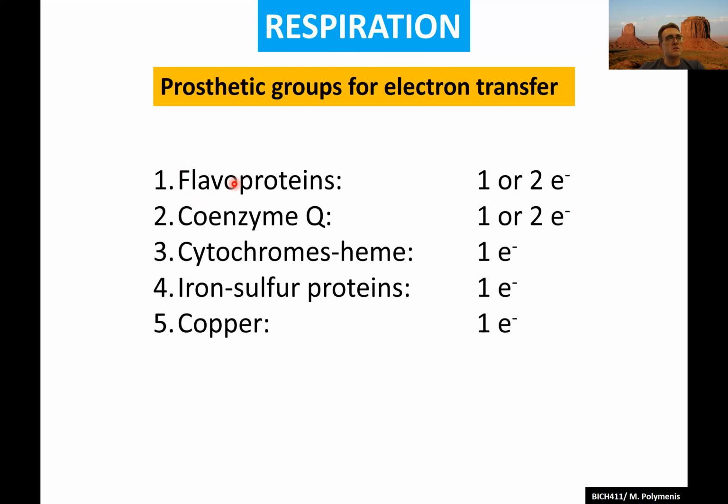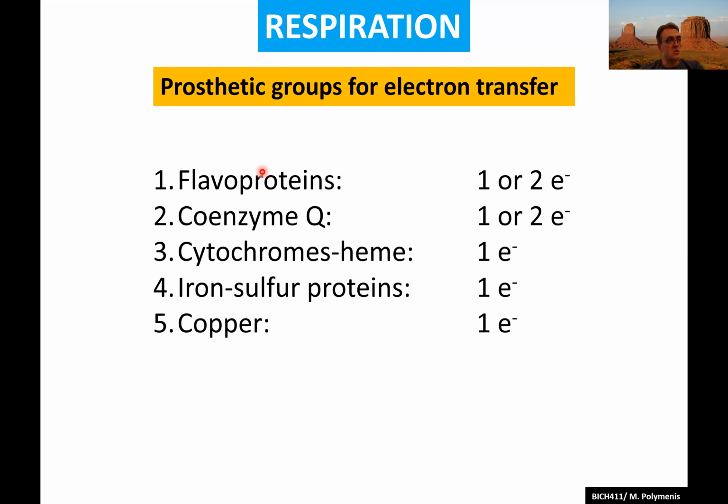These protein complexes are made of many proteins forming one complex. But the prosthetic factors, the cofactors in those complexes, are what actually do the business of moving electrons around. Okay. So flavoproteins like FAD, we've seen them before, and they can move 1 or 2 electrons.